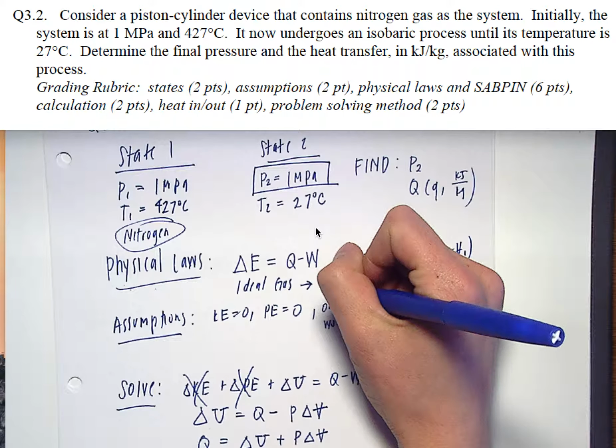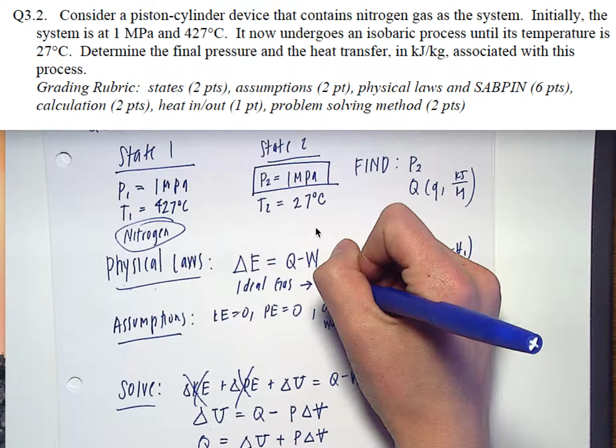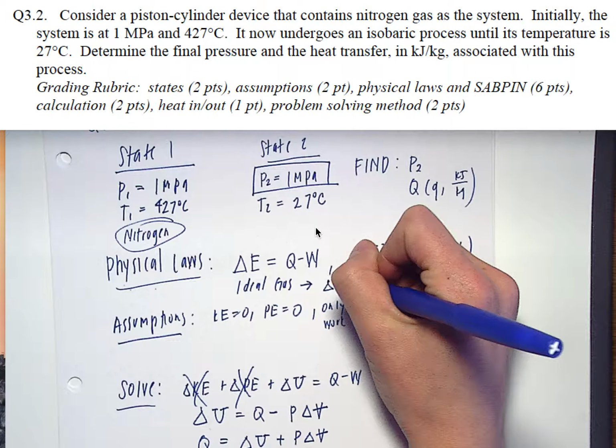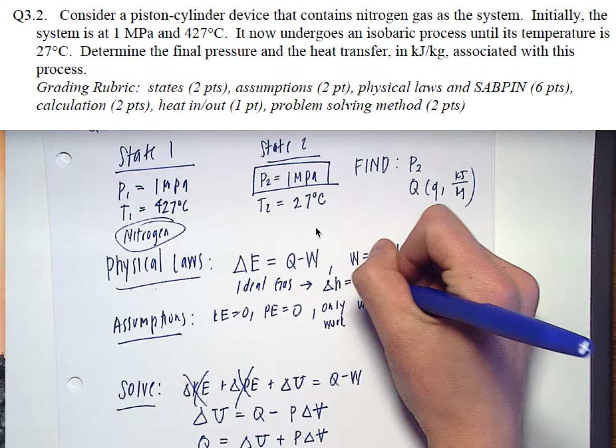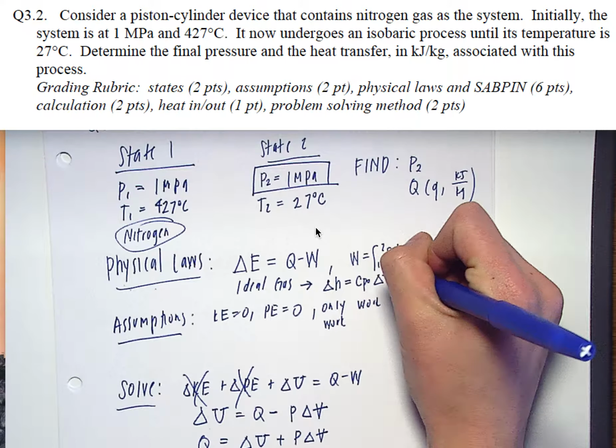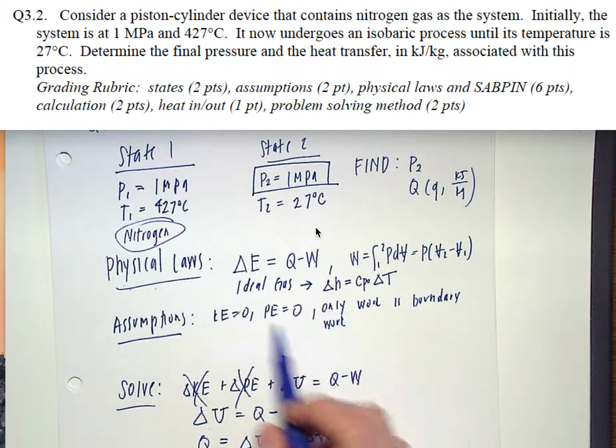Since we have already converted this to enthalpy, we'll go ahead and use that. So delta h just equals Cp0 times delta T. And that's only true if you have an ideal gas. Otherwise, you would need to use table values for those h's.